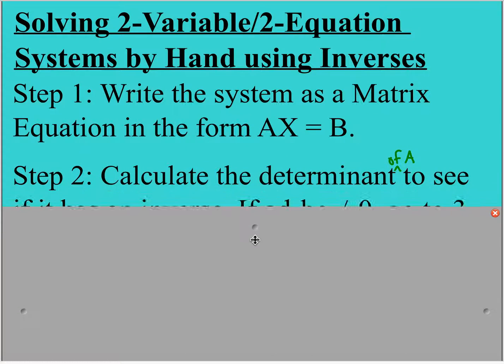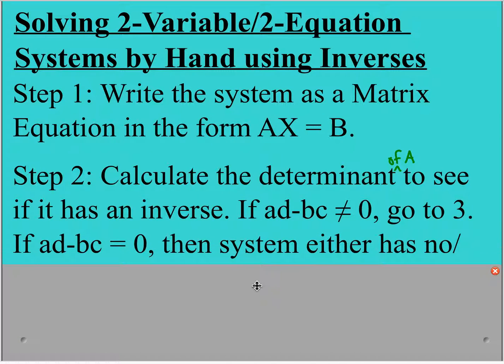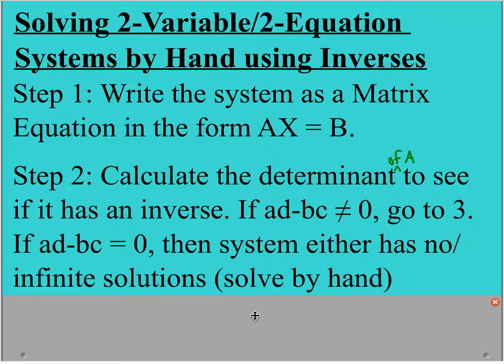The second step is to calculate the determinant of matrix A to see if it has an inverse. If AD minus BC doesn't equal 0, then you can go ahead and go to step 3. If it does equal 0, then the system either has no solutions or infinite solutions, and so you have to solve it by hand using our algebraic techniques: substitution or elimination method.